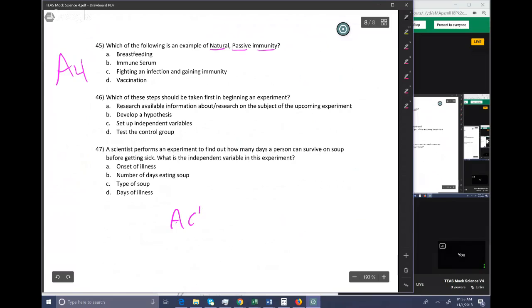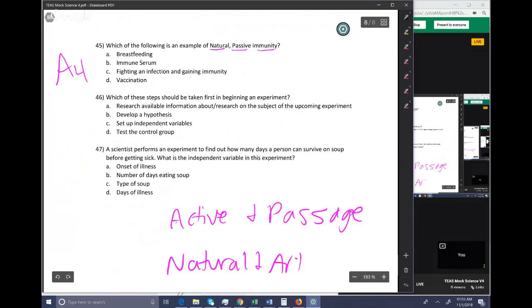So you have active and passive, and that refers to whether you have antigens or antibodies that you're talking about. And then you have natural and artificial, and you always want to pull it apart and look for which part of each pair you have. Natural, passive. So passive means antibodies go directly in.